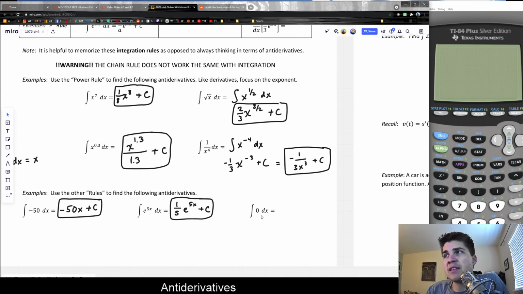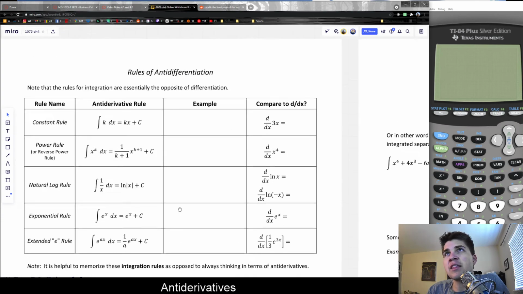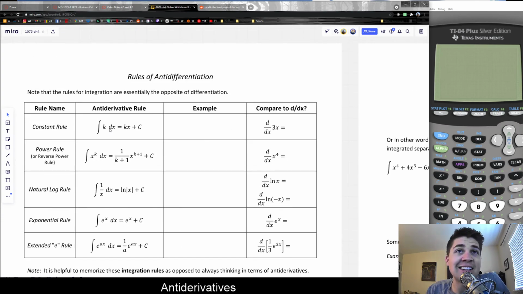And then another one that's a little tricky is, say you have the integral of 0. What would that do? If you recall that any constant has a derivative of 0, the integral of nothing is actually quite a simple answer. It would just be c, because if you think about it using the constant rule, 0 is technically a constant.